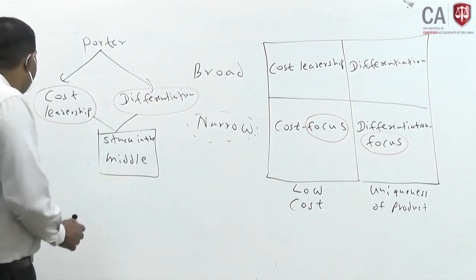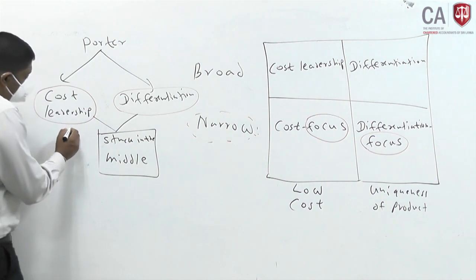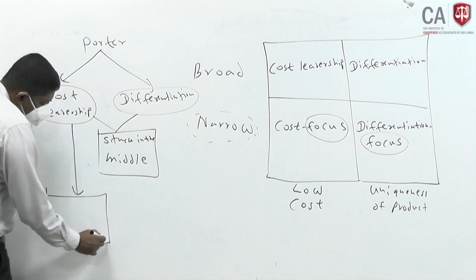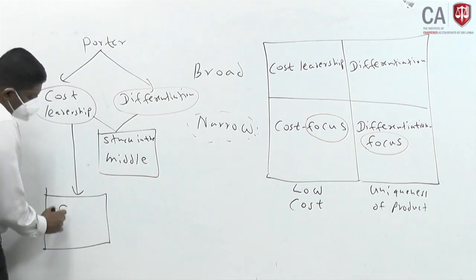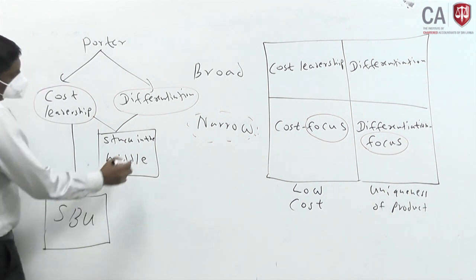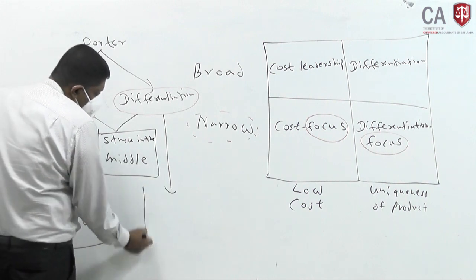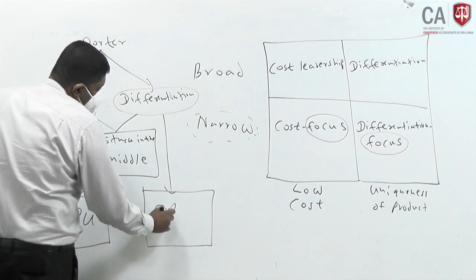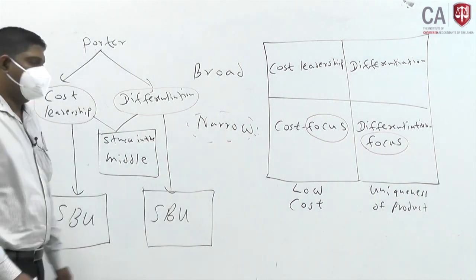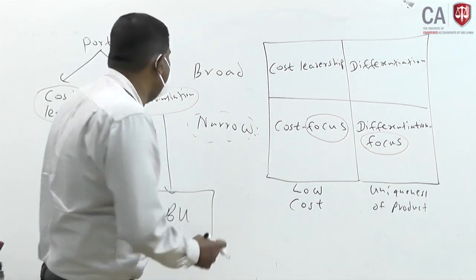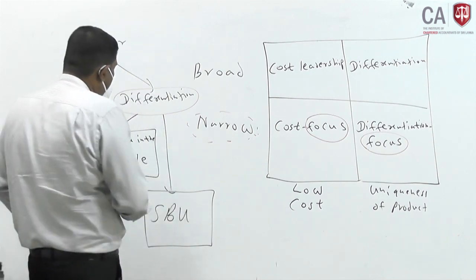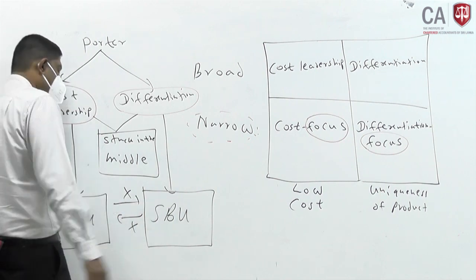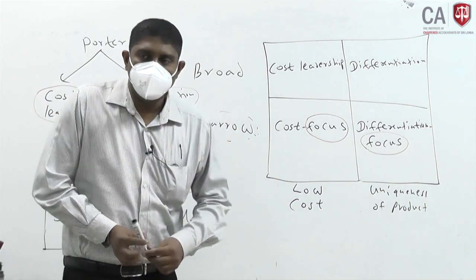What you can do is establish separate divisions of SBU with different policies and internal environment. You can establish separate divisions. They are not interacting with each other. No relationship. Separate unit.